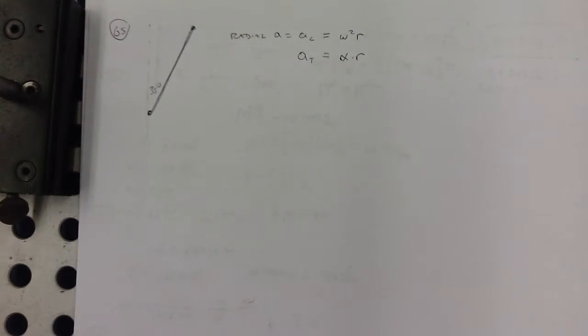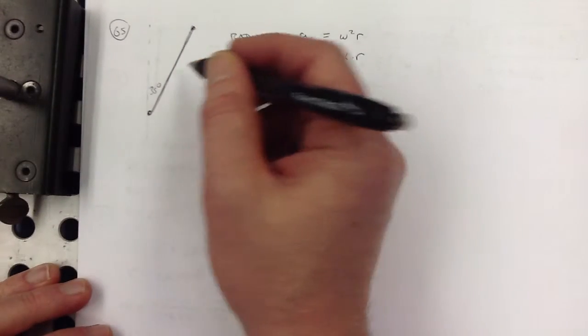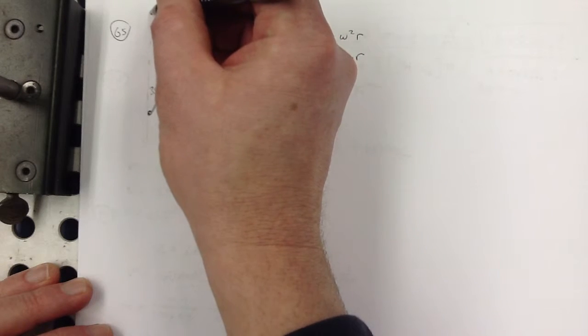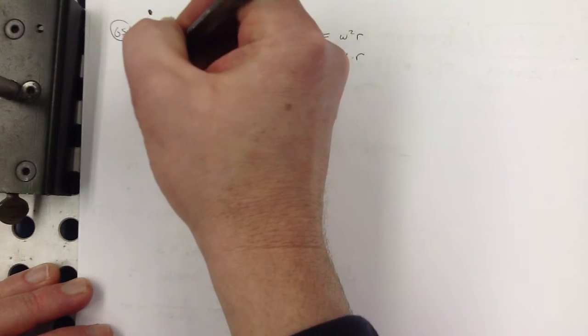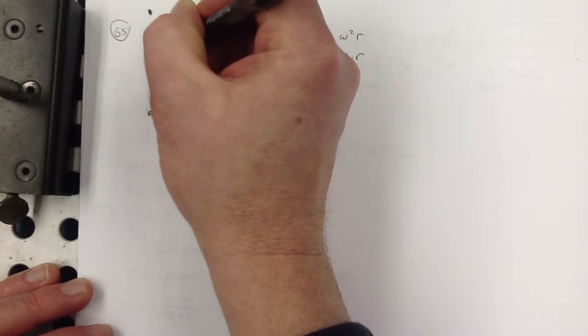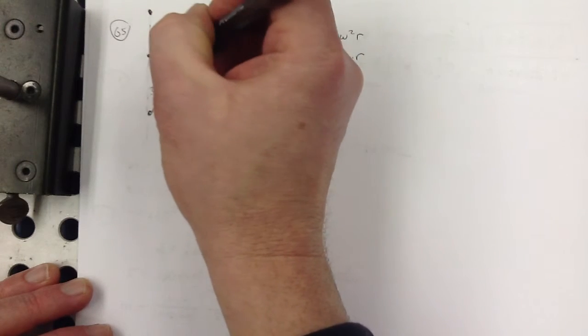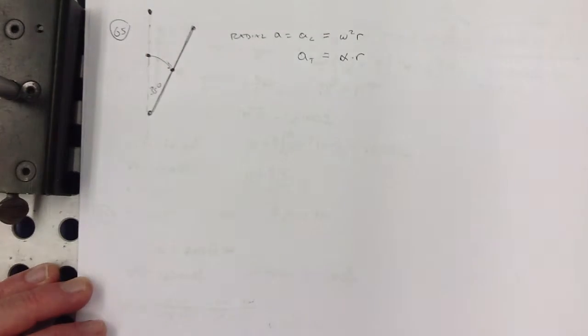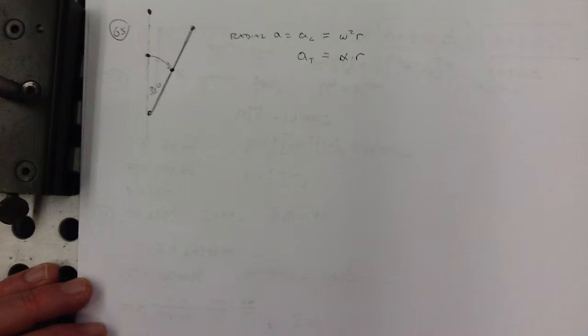So to find the answer for part A, I need to know what omega is, right? And to do that, I am in fact going to do conservation of energy. So it's a little tricky here. If you can imagine when the chimney was here, the center of mass was here, and now it's rotated, and the center of mass has dropped by that distance.